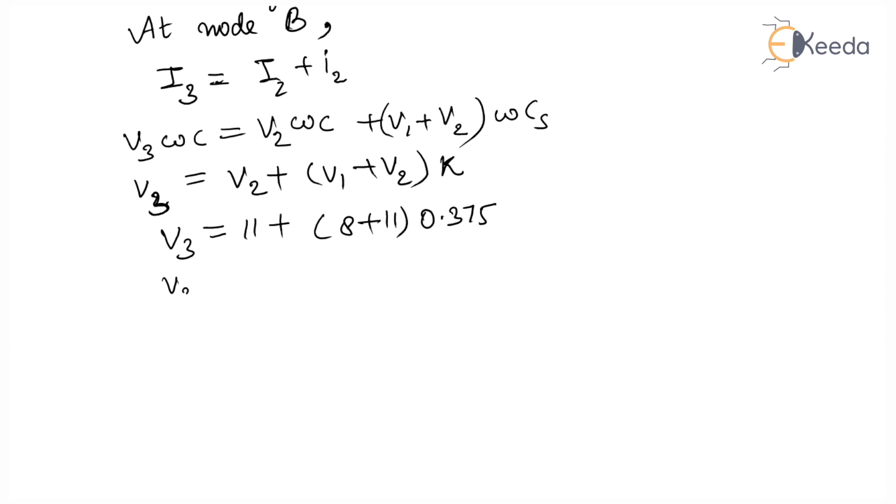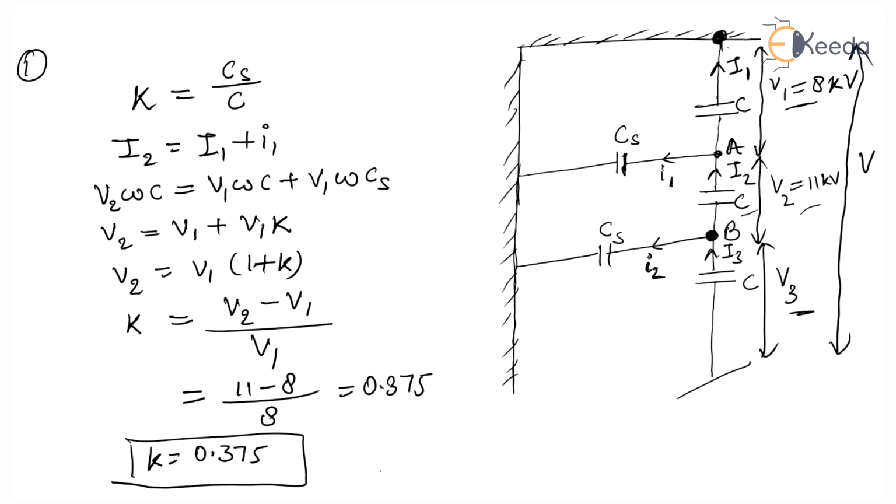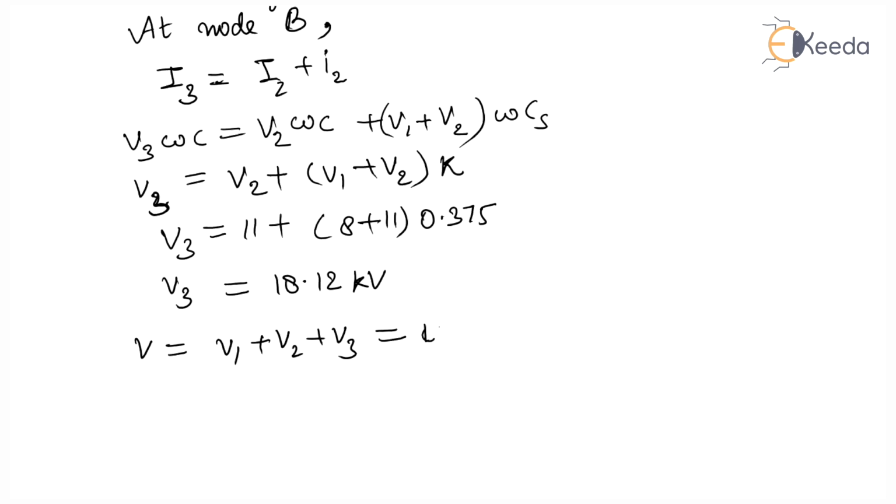Now V3 is equal to 18.12 kilovolts. Now the voltage between line and earth is V1 plus V2 plus V3. Putting the values, V1 is 8, V2 is 11, and V3 is 18.12, so this is equal to 37.12 kV.